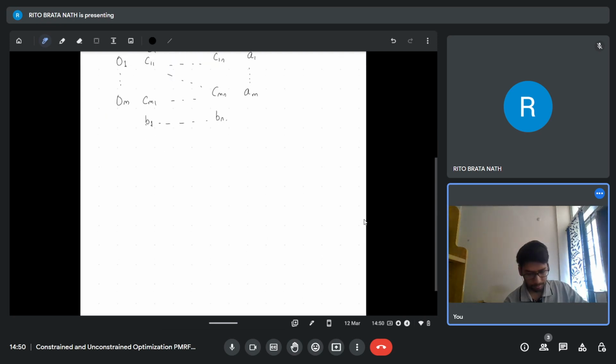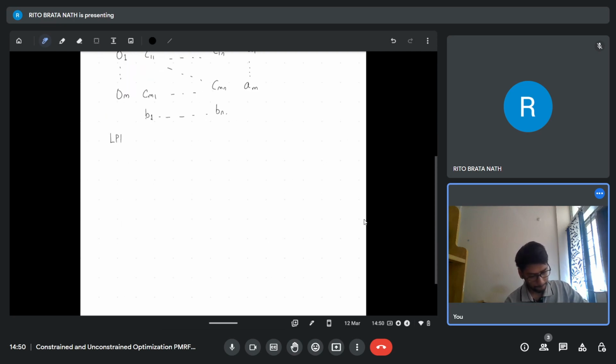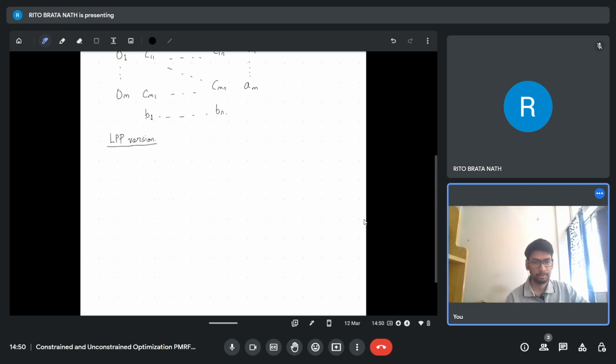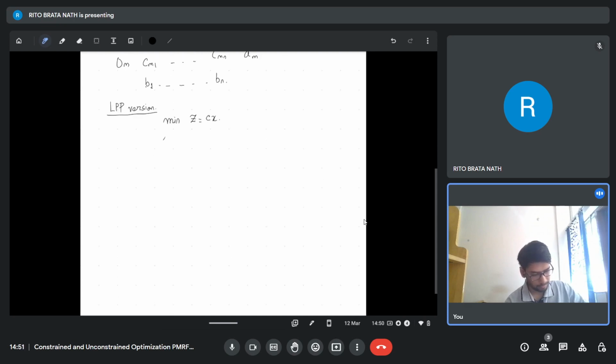Now the LPP version of this problem. Let's minimize z equals cx, subject to Ax equals b, x greater than or equal to 0.